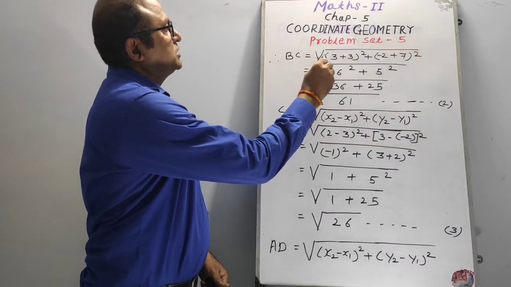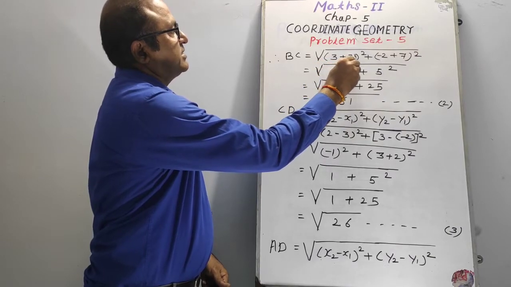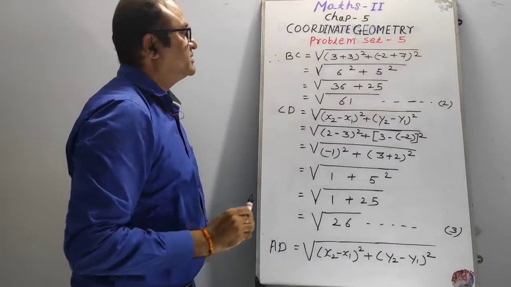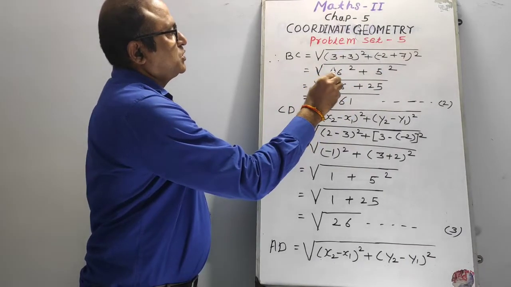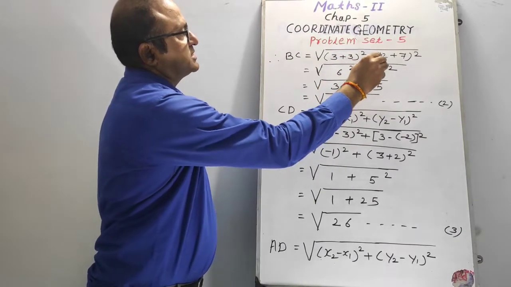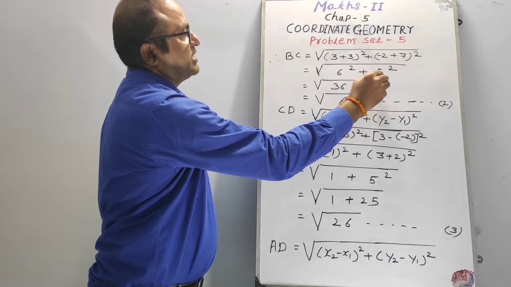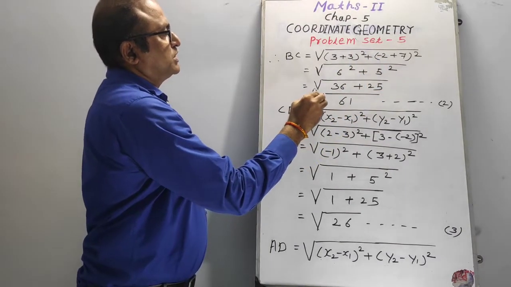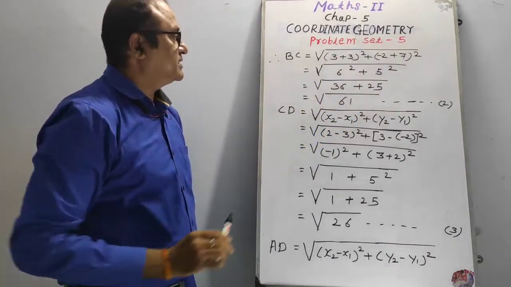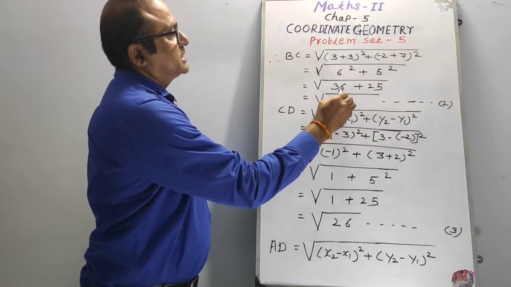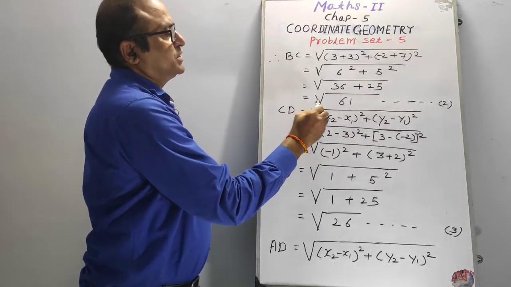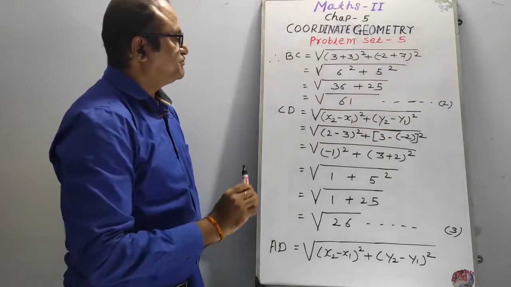So BC is equal to under root (3 + 3) square plus (-2 + 7) square, is equal to under root 6 square plus 5 square, is equal to under root 36 plus 25, is equal to 61. Therefore, BC is equal to under root 61, equation 2.